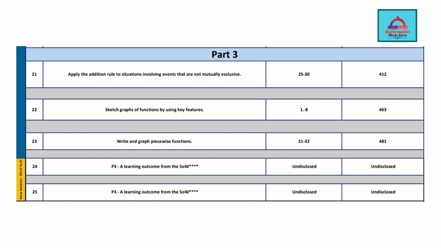So here we are going to cover questions 1 to 8 given in your math book on page 463. And finally, towards the end of the session, we are going to focus on piecewise functions and we will write their equations and graph them. So we are going to cover question 21 to 32 given in your math book on page 481. So let's start with the session and see the first question for today.